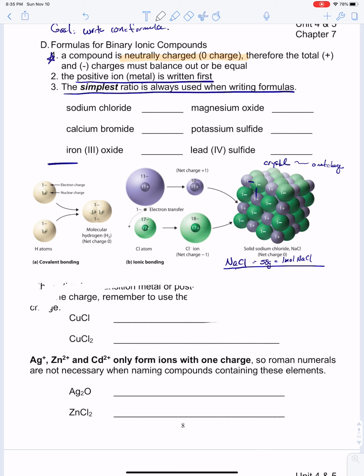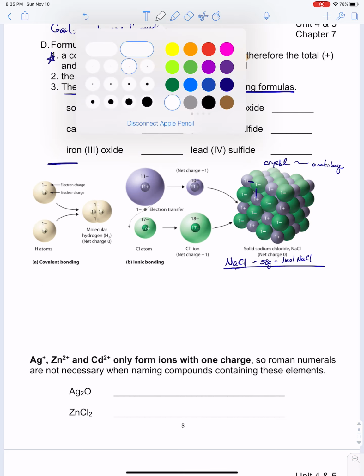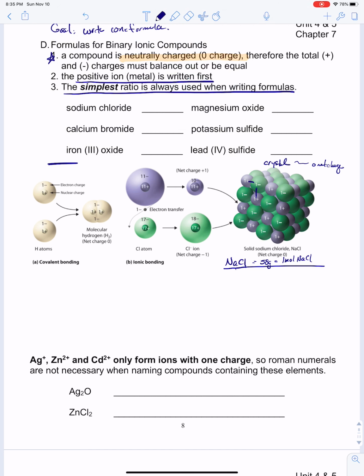So 58 grams of sodium chloride, 1 mole of sodium chloride, means you have 6.022 times 10 to the 23rd sodium ions and the same number of chloride ions in this particular matrix. So that's a lot. This is quite a large number.